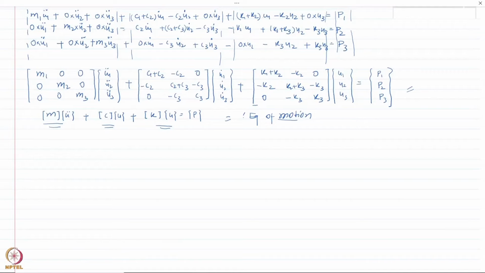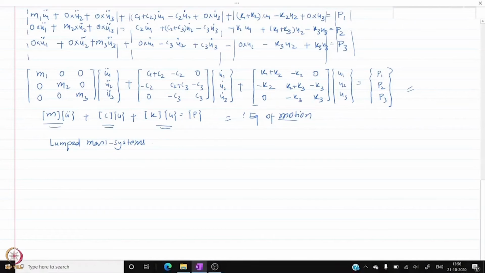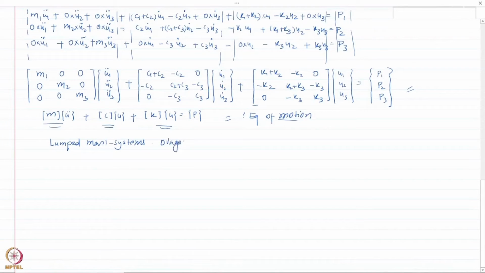The mass matrix would always be a diagonal matrix for lumped mass systems, where the degrees of freedom correspond to the lumped masses.